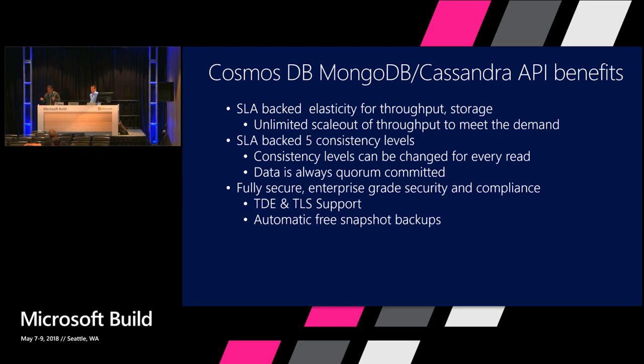On the eventual side, we provide consistent prefix, which is an order in the data within the eventuality. Session is where the client controls consistency: the client says, I have seen this or I have written this, now give me the next set of items. On the strong side, we have bounded staleness and strong. Bounded staleness says that if the data is distributed across X regions, they should all be in sync within X amount of time or Y amount of operations.